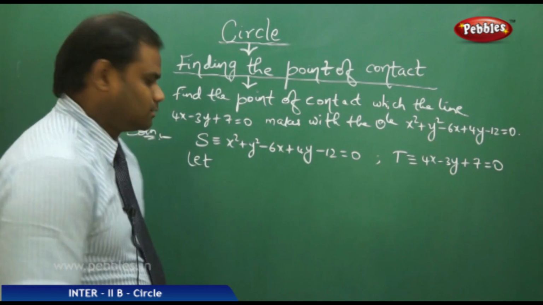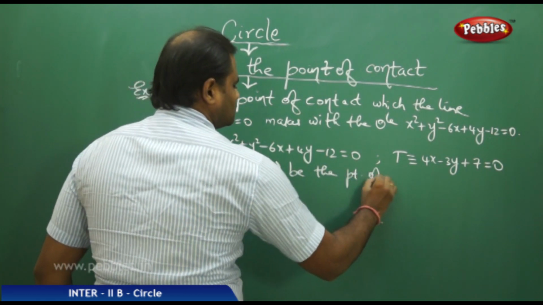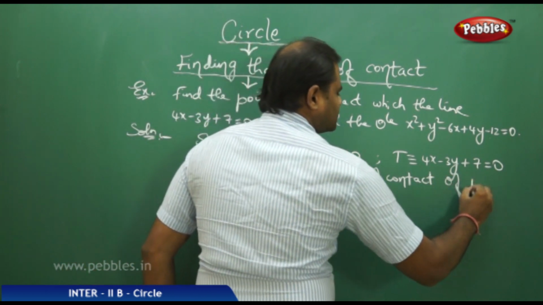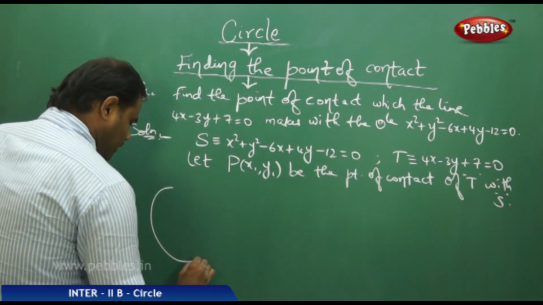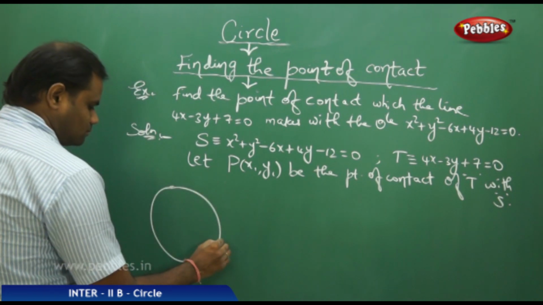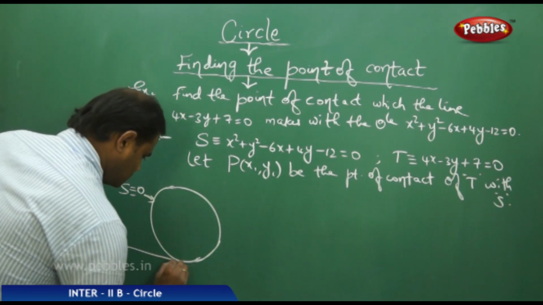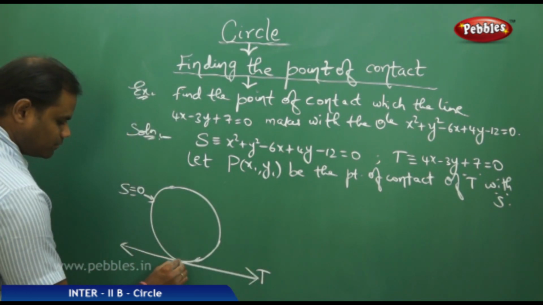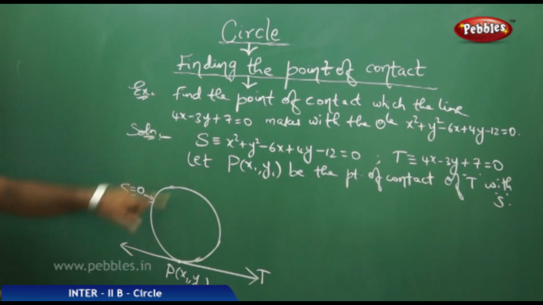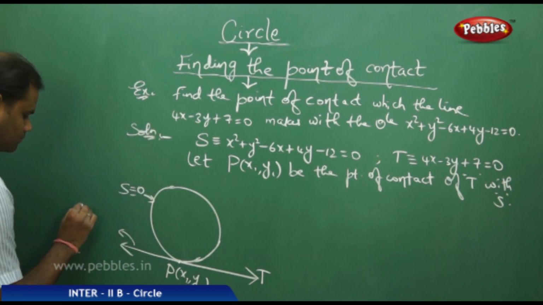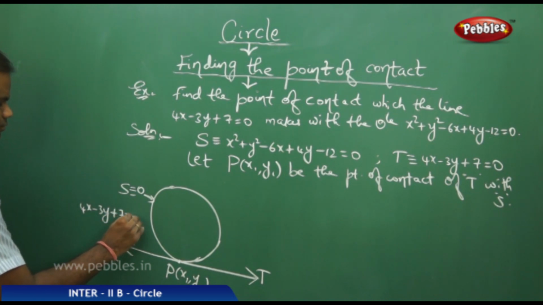Because I want to find the point of contact, I say let P(x1, y1) be the point of contact of T with S, that is, the line T with the circle S. Therefore, if I have a circle S equal to 0 and the tangent T at which the point of contact is P(x1, y1), the line is already given to be 4x minus 3y plus 7 equal to 0.